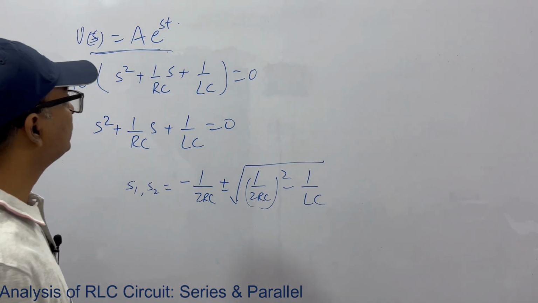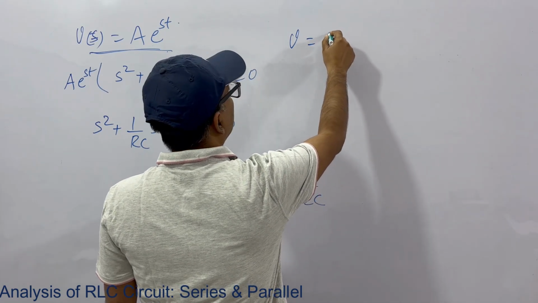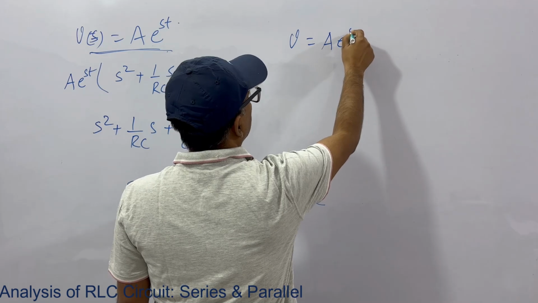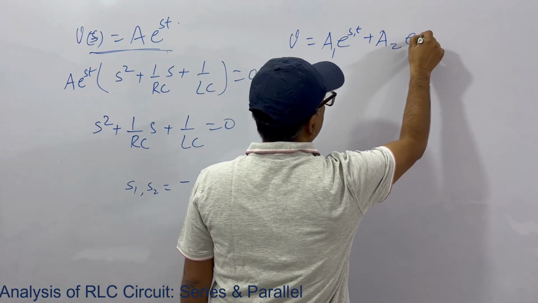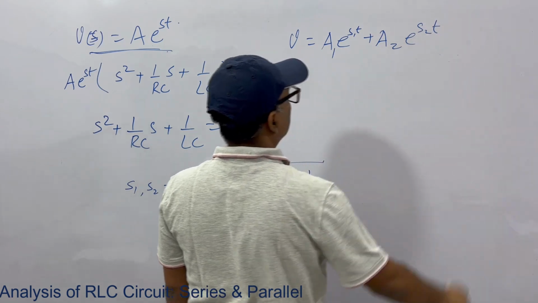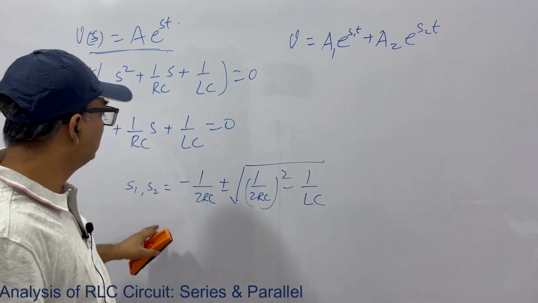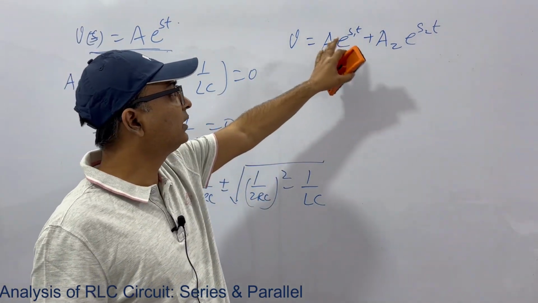So from here the solution will be, we have two roots here. So this will be A1 e to the power s1t plus A2 e to the power s2t. So this is the solution. So our solution is this, we have roots s1 and s2 as this. We can put it here and get the value.